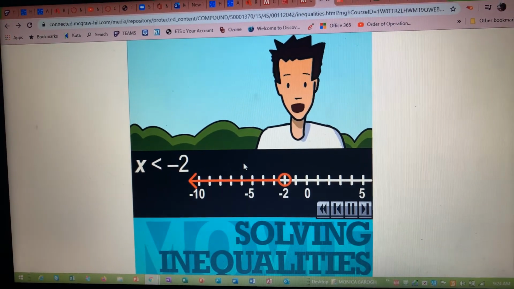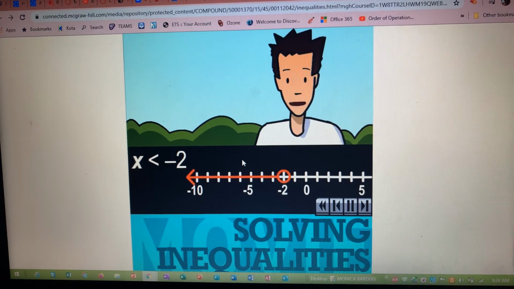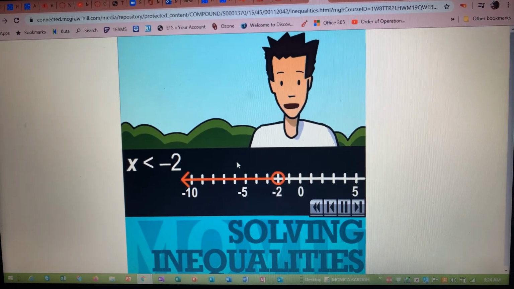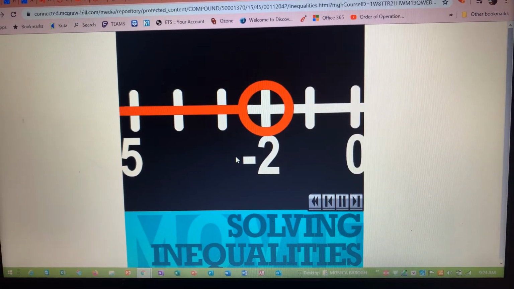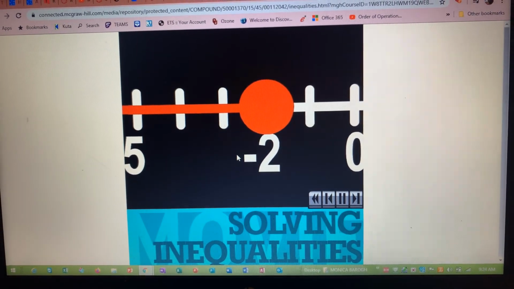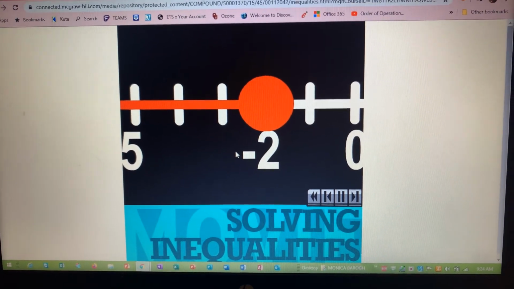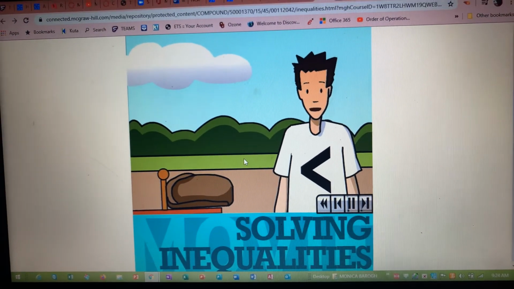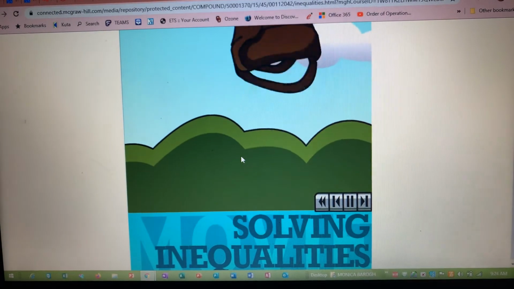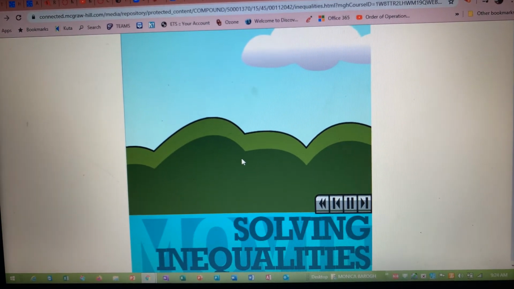That arrow means that any number less than negative 2 could also be equal to x. So, that's a graph of x is less than negative 2. To graph x is less than or equal to negative 2, we close up the circle. That tells us that negative 2 is included in the solution. So there you are, solving and graphing inequalities. My backpack.